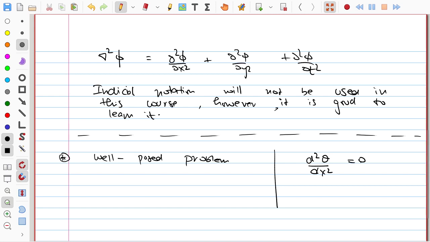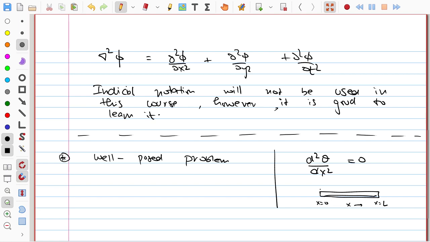Let's say you're talking about the temperature of something along a bar. You have a one dimensional situation where the bar has a length L, and using some ideas, we have developed this equation where the second derivative of temperature theta with respect to x is 0. Now we want to solve this.